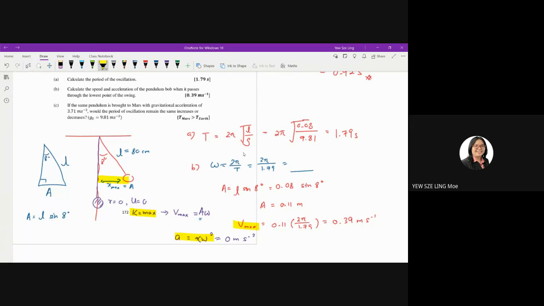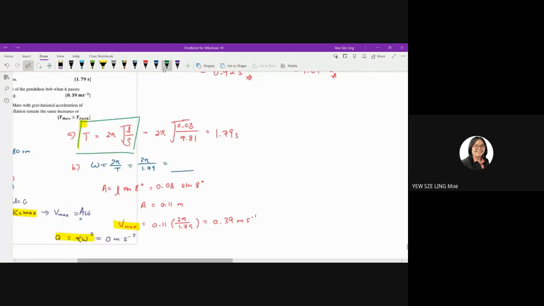So if you look at this equation, T is proportional to square root of 1 over G. So if G Mars is less than G Earth, then T Mars would be greater than T Earth because they are inversely proportional, according to the relationship.